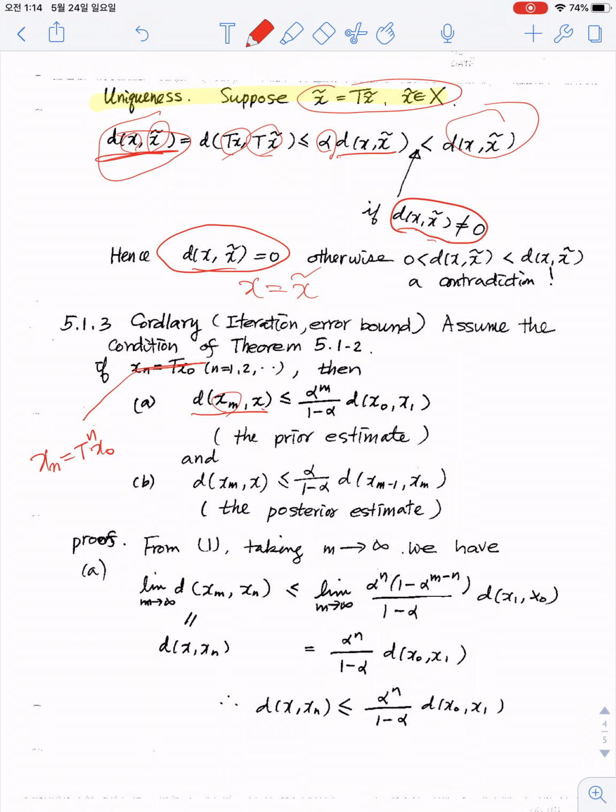Taking the limit, that is less than alpha^n over (1 minus alpha) times d(x0, x1). We already proved this one in the previous lecture. This is called the a priori estimate.